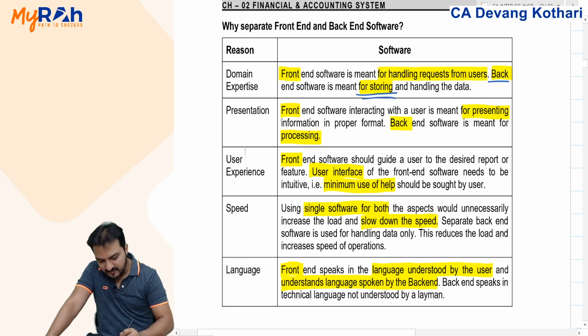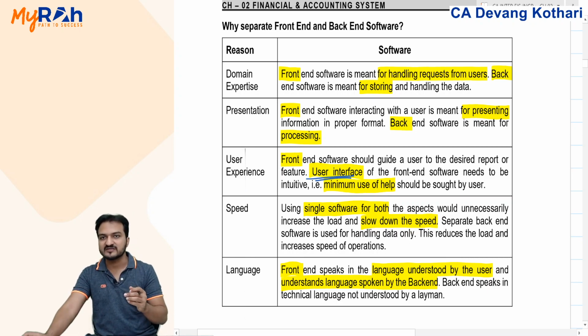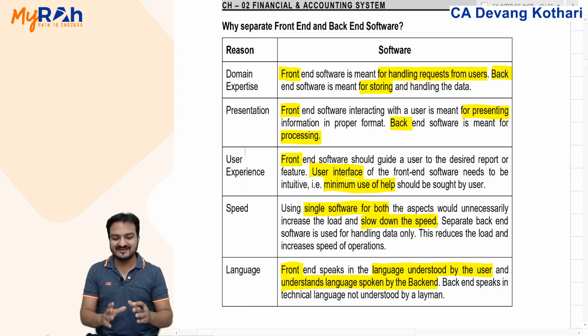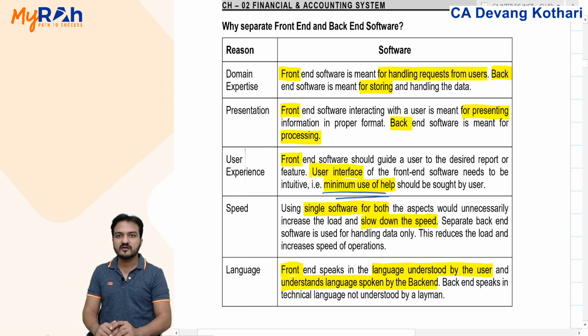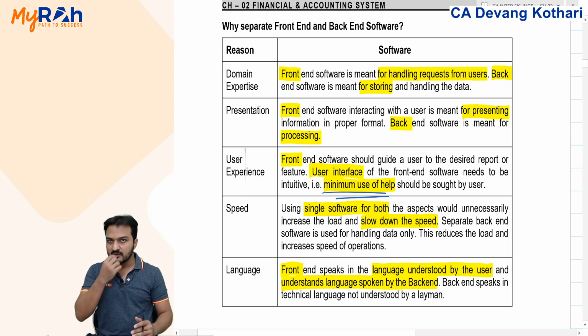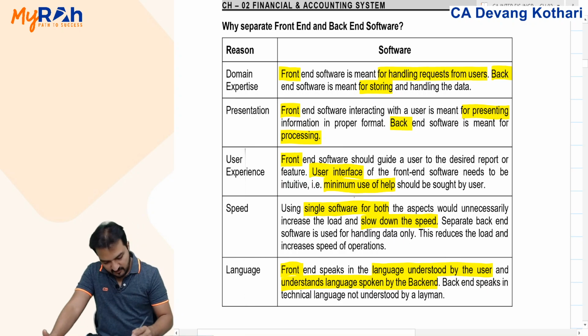Presentation: front-end software is responsible for presentation, while back-end does the processing work. That's the difference. User experience: front-end provides the user interface in such a way that it is most convenient for the user, so the user can use it with minimum help.